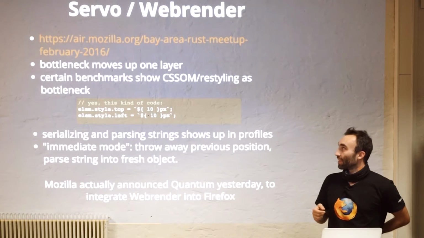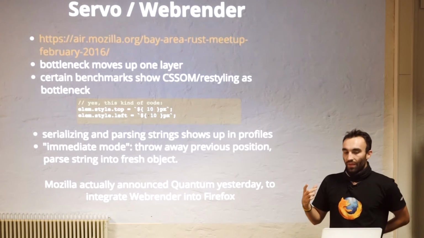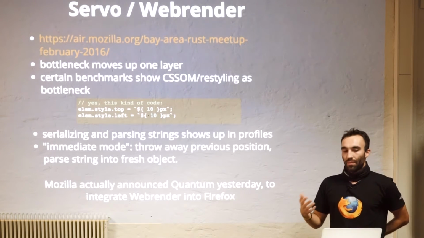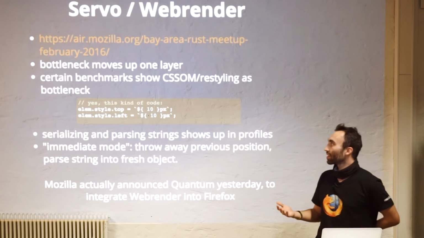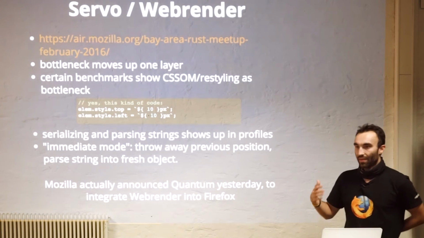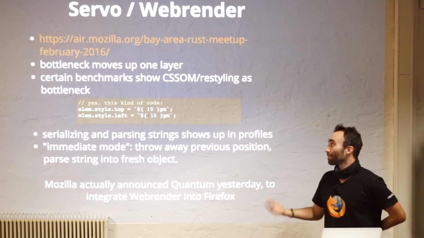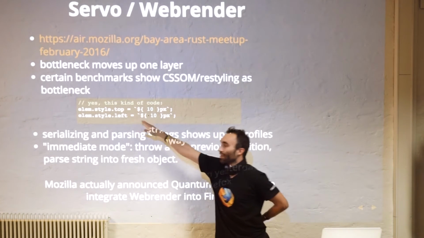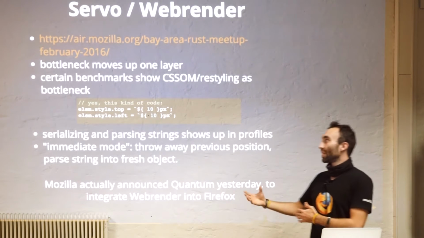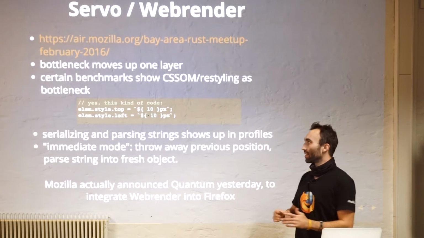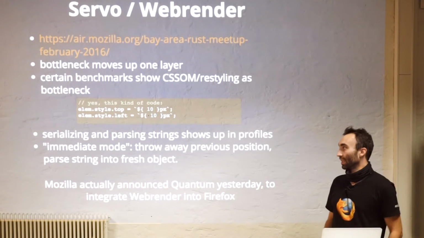You should watch it if you have time. And there are some key points he talks about. For example, that the bottleneck shifts down to actually CSS and restyling, which is basically setting your style properties, actually moving blocks around or changing the CSS transform of things becomes the bottleneck.